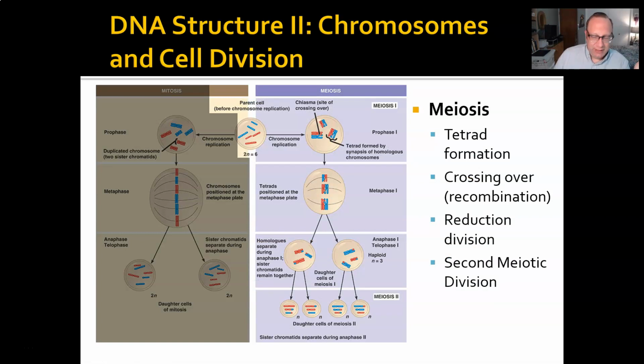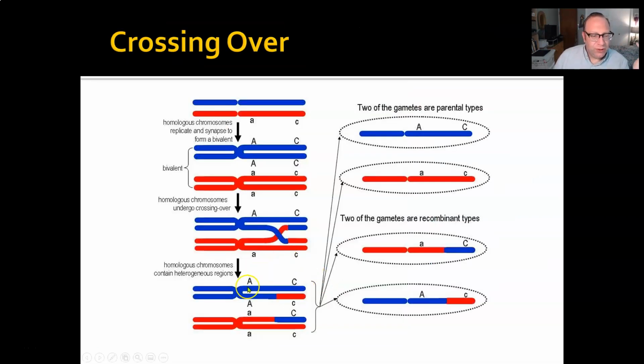The first has the original dominant A and dominant C. The next has a dominant A. Notice it didn't get exchanged, but the recessive C has flipped over to this side. So now it is dominant A, recessive C. And then we've got a recessive A and a dominant C, and a recessive A and a recessive C.